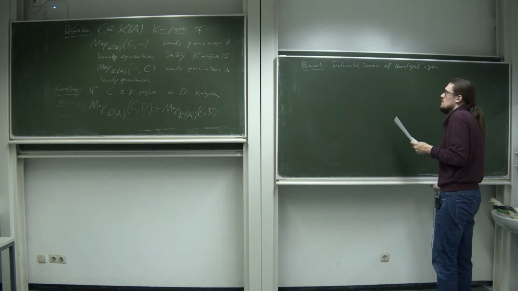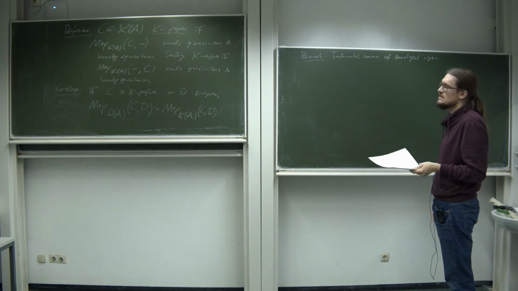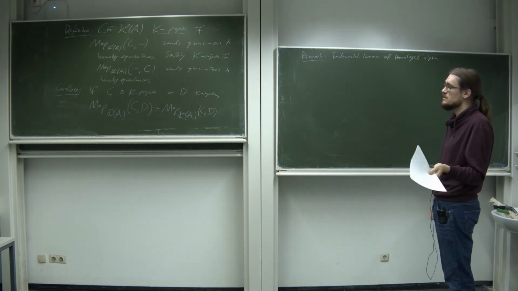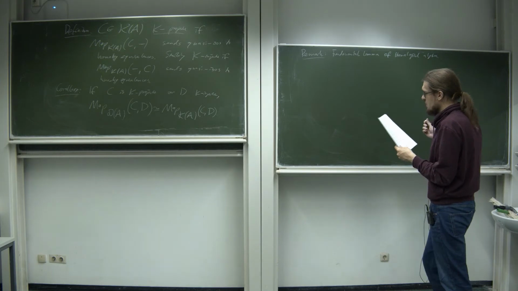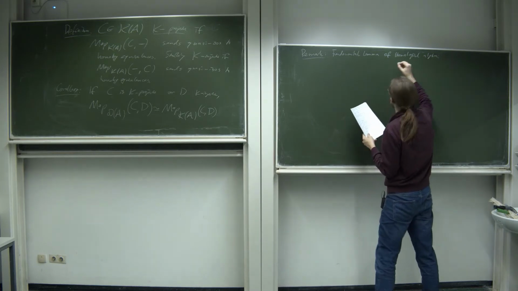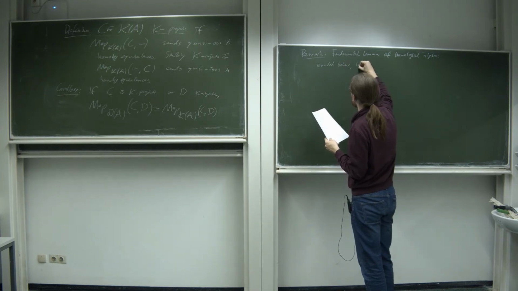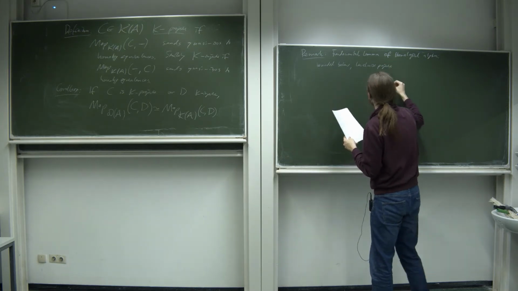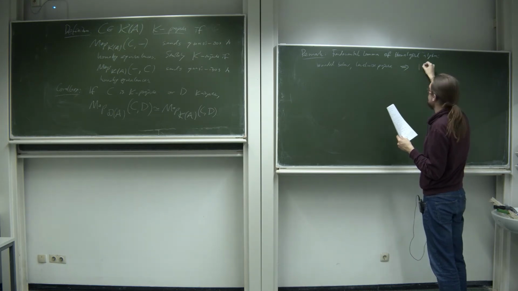Depending on how it's stated, it sometimes says something about maps from a projective resolution to a chain complex or something like that. But one version of it is actually equivalent to the fact that bounded below and level-wise projective for a chain complex implies that it's K-projective.